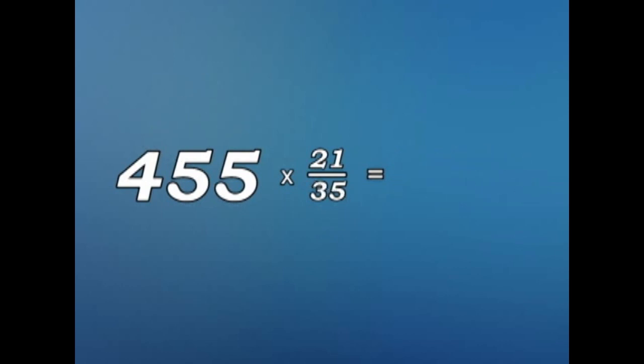That's one way. Here's another way. We start from the same numbers. 455 times 21/35. How many 5s make 35? 7. How many 5s in 455?